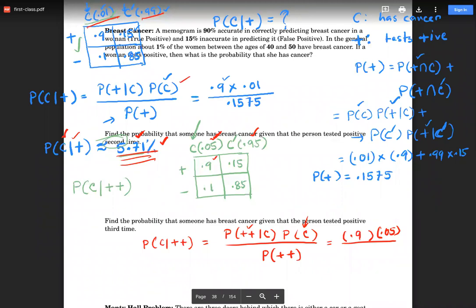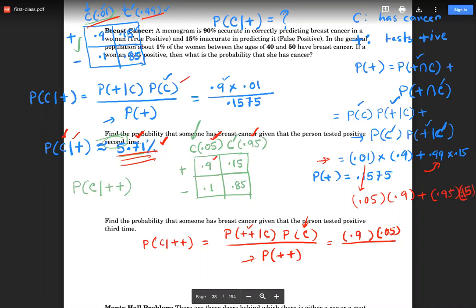Now this bottom one, you have to do it exactly the way we did it, except that this number is gonna be 0.05 times 0.9, that doesn't change. And this number is gonna change to 0.95 as opposed to 0.99 times 0.15.